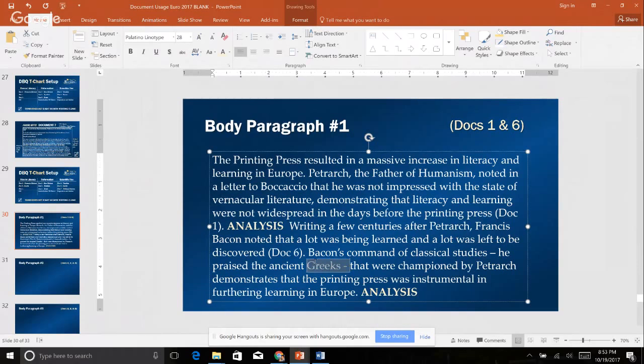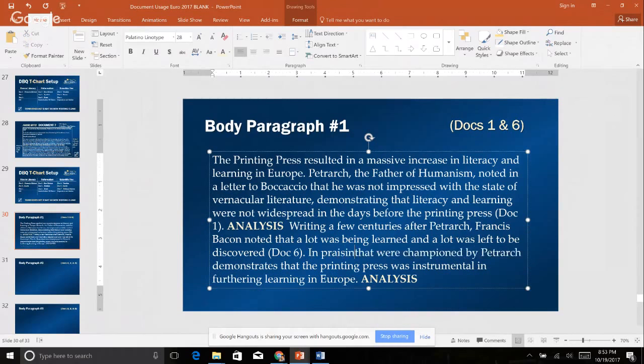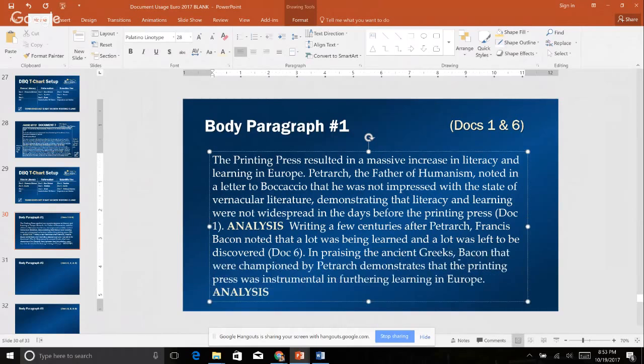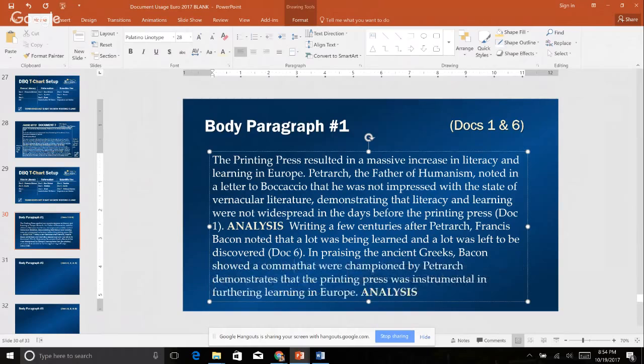But then again, you know what? Y'all probably want to see good writing here. So in praising the ancient Greeks, Bacon showed a command of the classical studies that were championed by Petrarch, demonstrating.